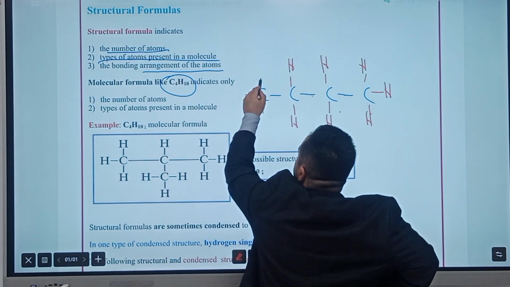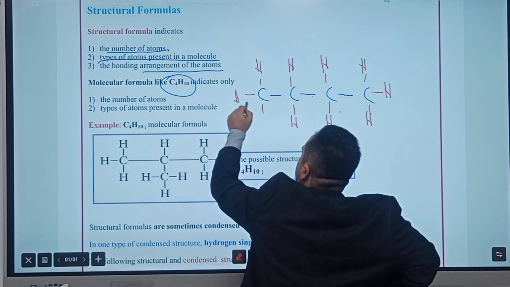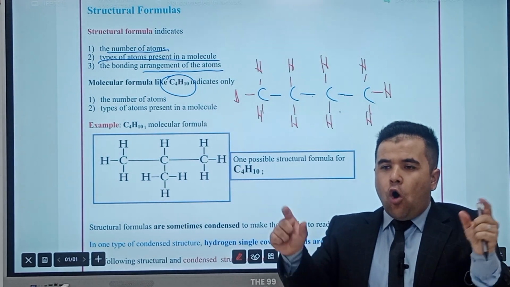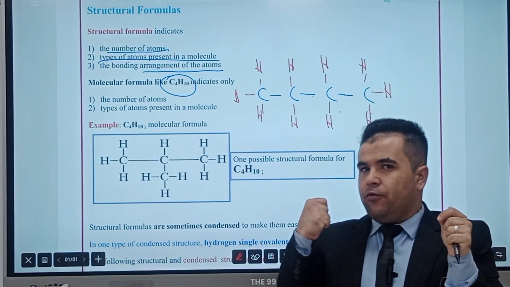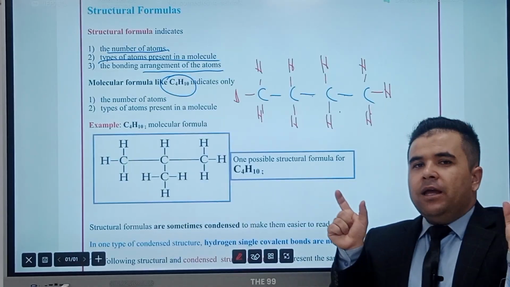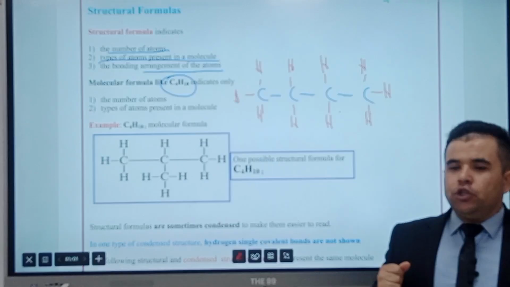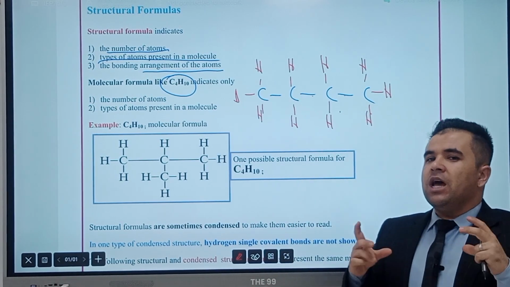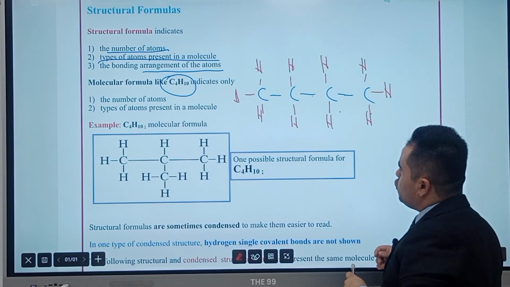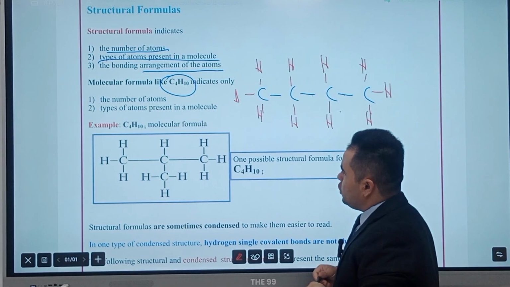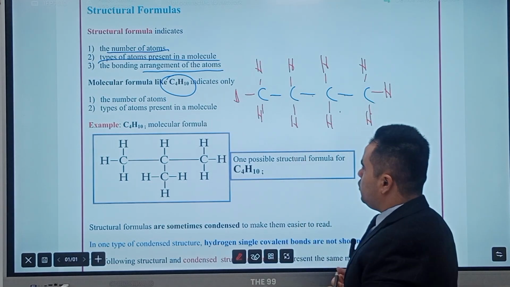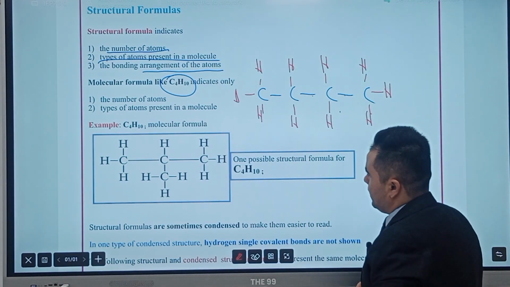And then this carbon should have 3 hydrogens. A technique to distribute the hydrogen: always, in a chain form, not in a ring, the ends take 3 hydrogens, but those in between, if they do not have branches, take 2 hydrogens. The end is 3 hydrogens, those in between 2 hydrogens, guys.